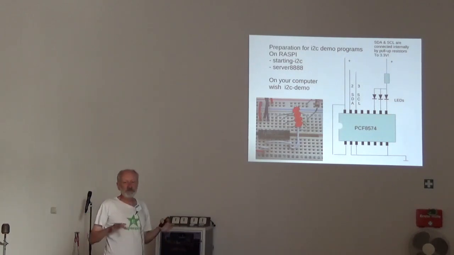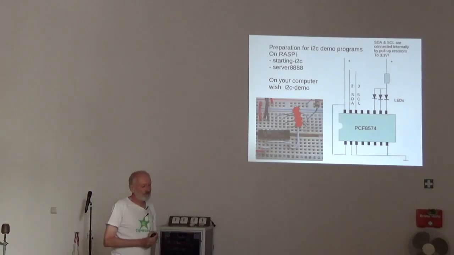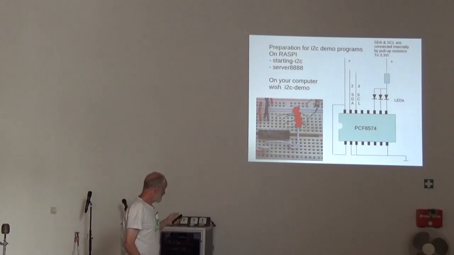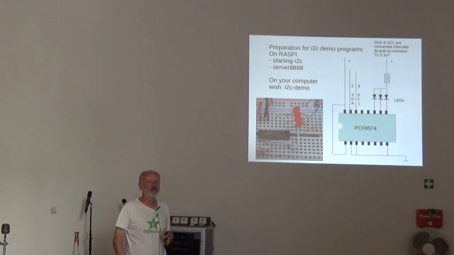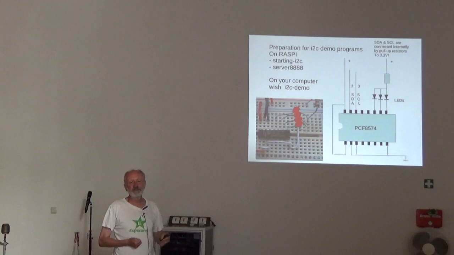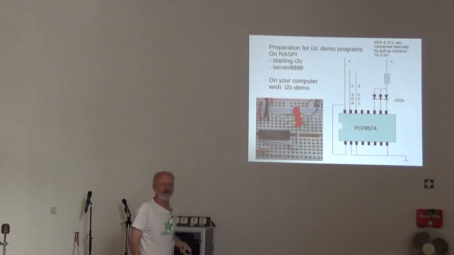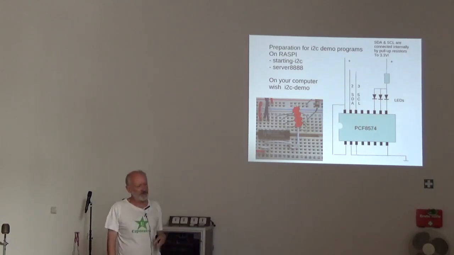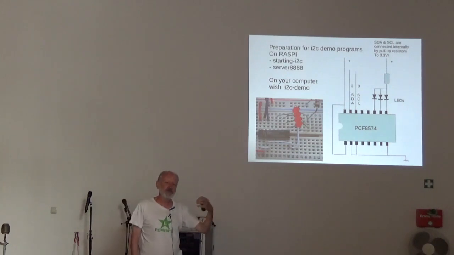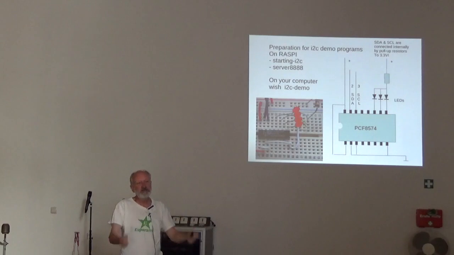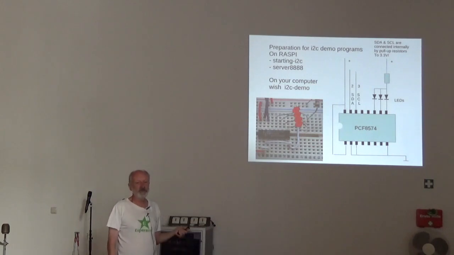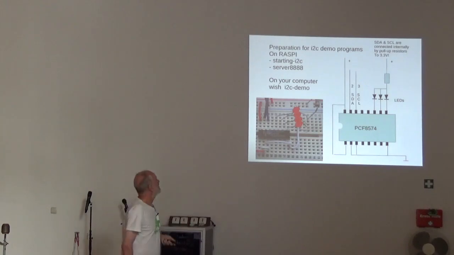So the demonstration I want to show here takes some programs to run. 2 programs must be run on the Raspberry Pi: the start I2C script, which will export the GPIO pins that I need to use, and then I have a little server 8888, which is listening on the Raspberry Pi and receives short one-line commands from the computer to put, for example, the SCL line low or the SDA line high, and so on.